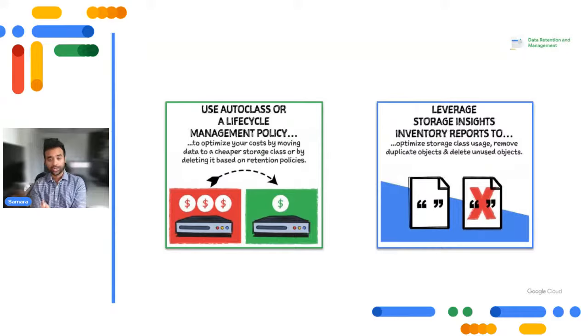In addition to OLM, you also have capabilities such as versioning and storage insights reports that you can use to cost efficiently manage your existing data, which in turn could help you bring some cost savings. So let's look into OLM, Object Lifecycle Management, first.